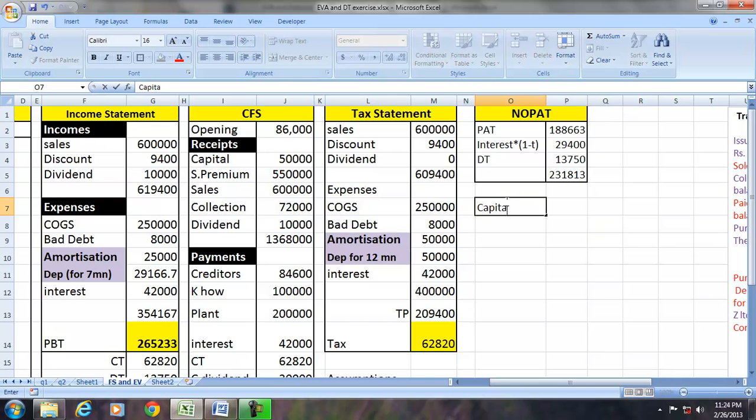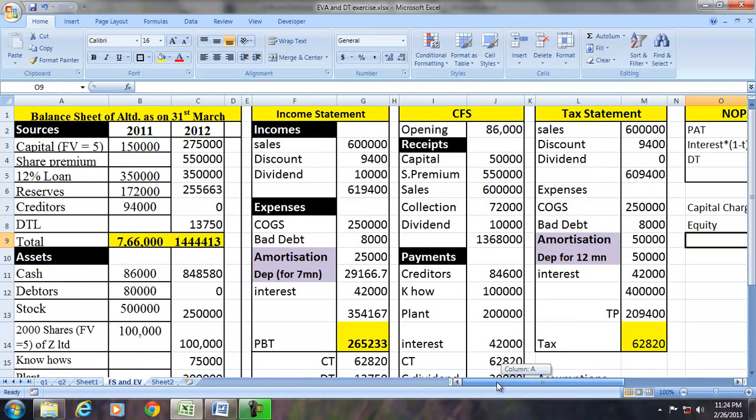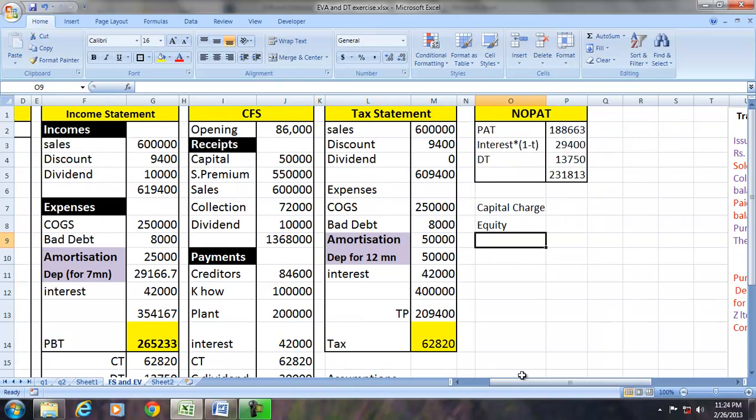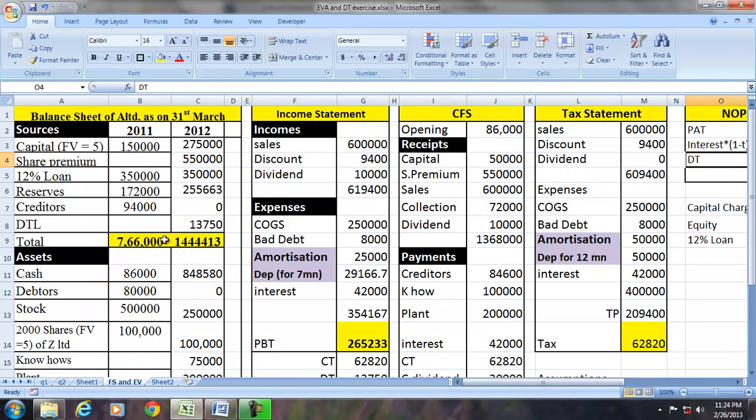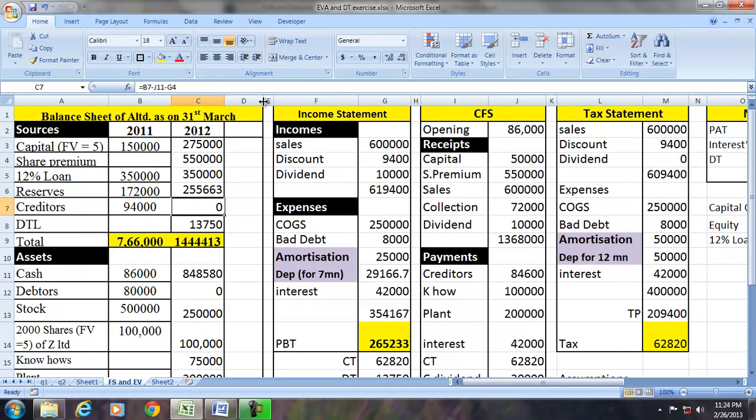So with this we can find the capital charge, and the capital charge is on equity, loans, equity, the 12% loan. But since there is an accounting adjustment of DT not recognized, DTL will also not be recognized.